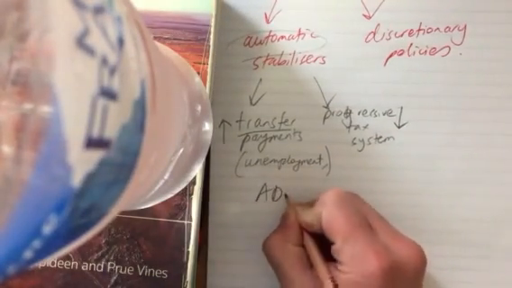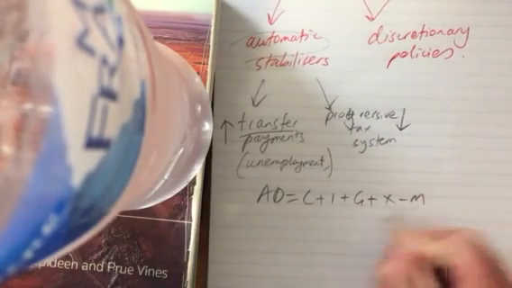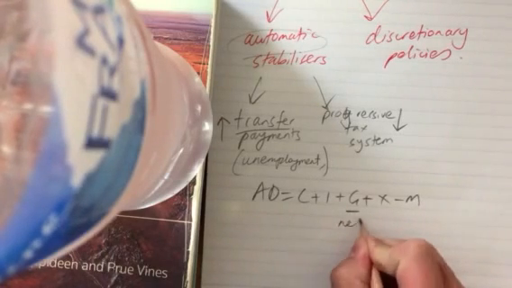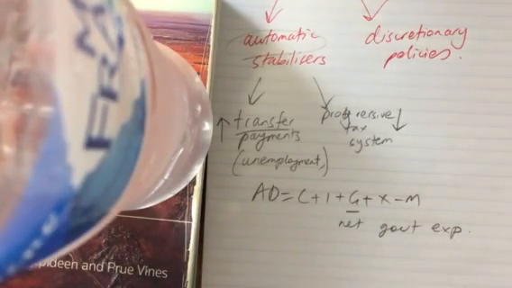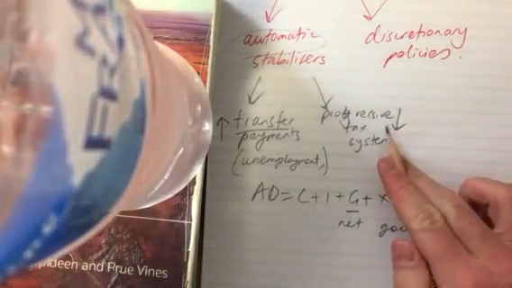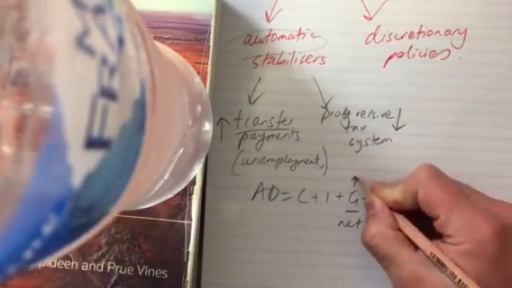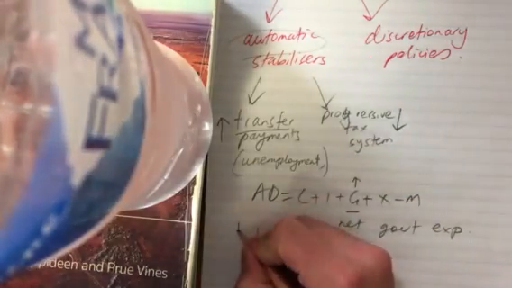Recalling aggregate demand, where G is net government expenditure, when you decrease taxes and you increase transfers, that increases net government expenditure. How do we show this?